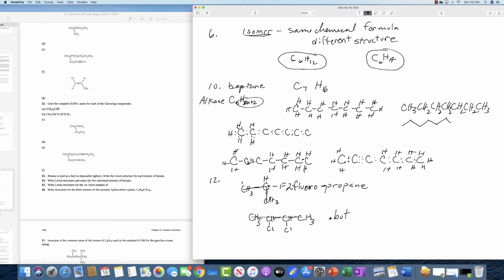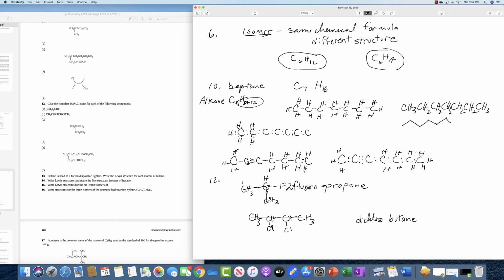And because there are no triple bonds, well, let me move this over. I'm going to need a little more room here. So it's bute. And there are no triple bonds, so it's butane. Then you have a chlorine here and a chlorine here, so 2 chlorines. So that's dichloro. Now with the dichloro, it could be here and here.